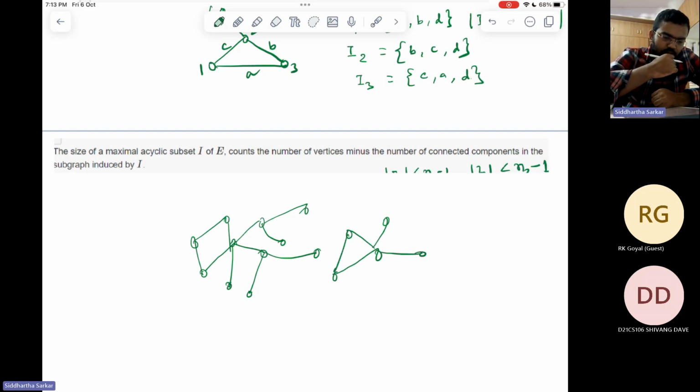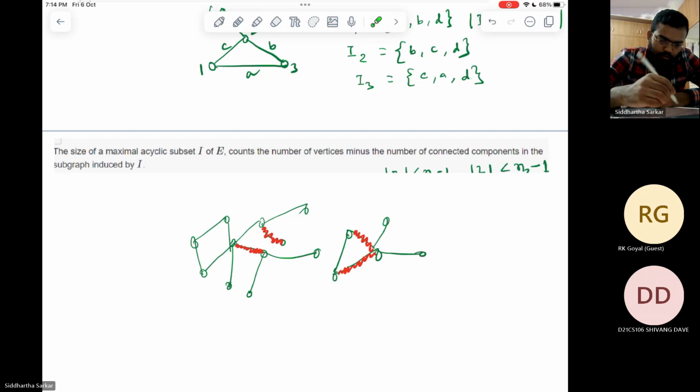Then I'm saying that a subgraph induced by some set of edges, let us say I. Let us say the red edges are in I. There are four edges in I.